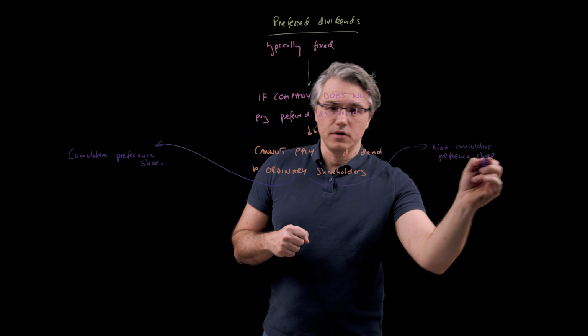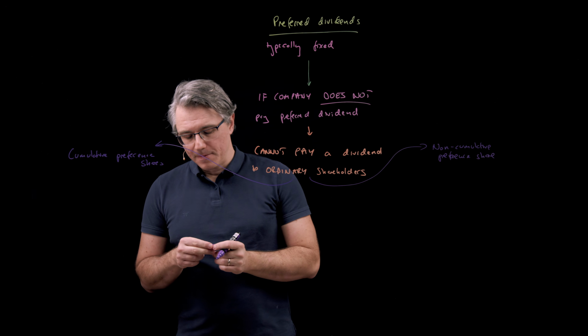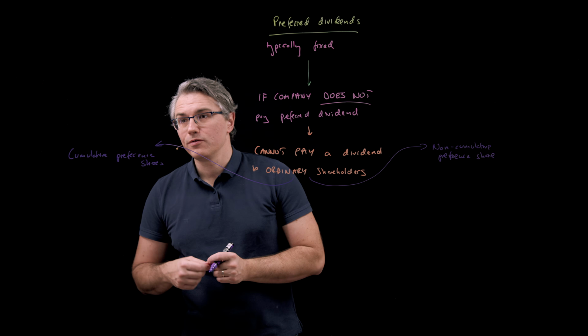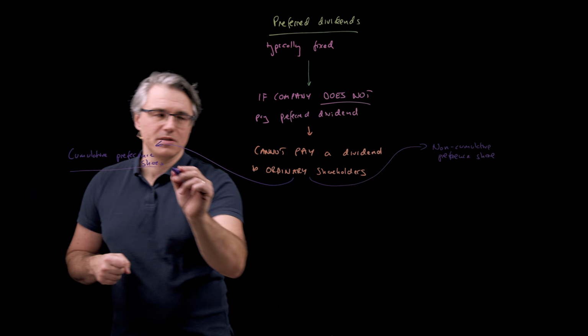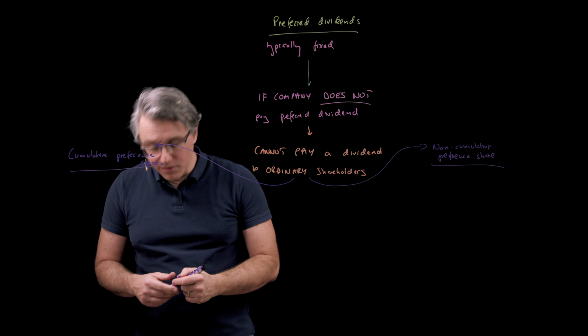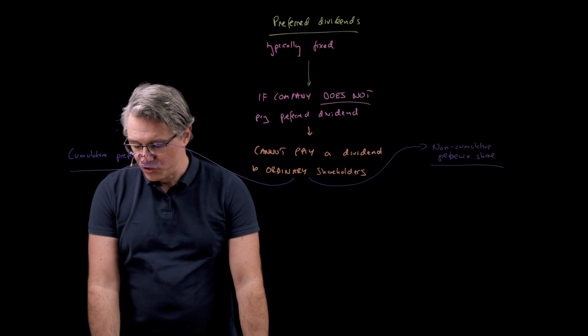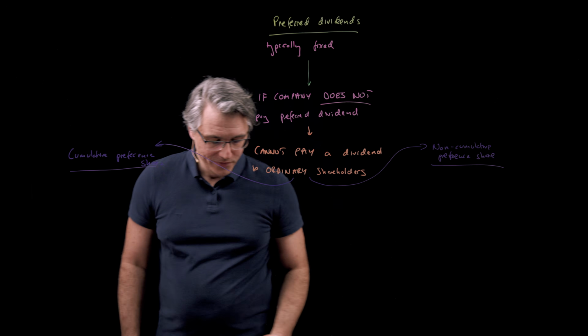So even though these two arrows seem to be stemming out of ordinary shares, it's not about the split of ordinary shares, it's about the split of these preference shares into two types. And whenever you invest in preference shares, you should be aware of which type you are actually dealing with.